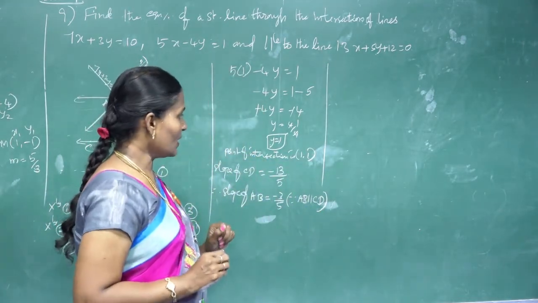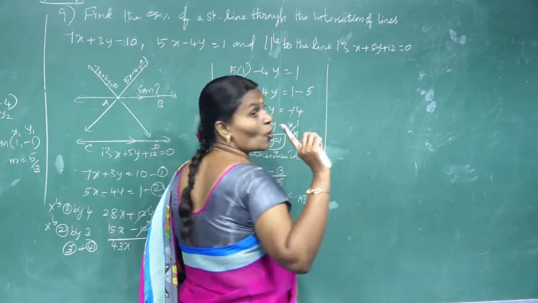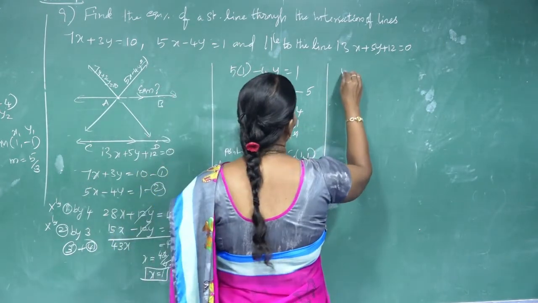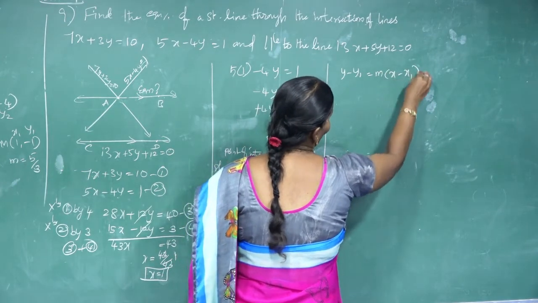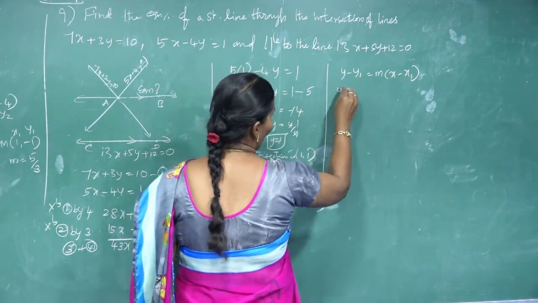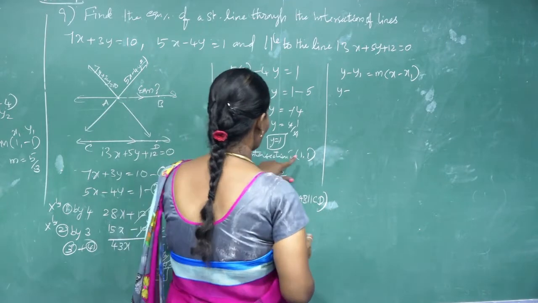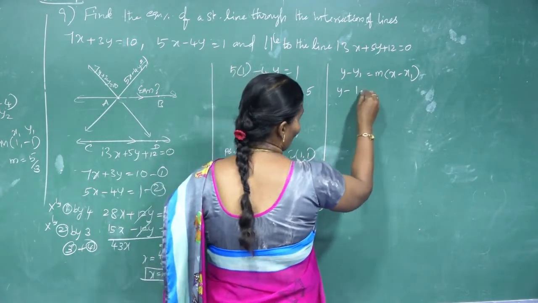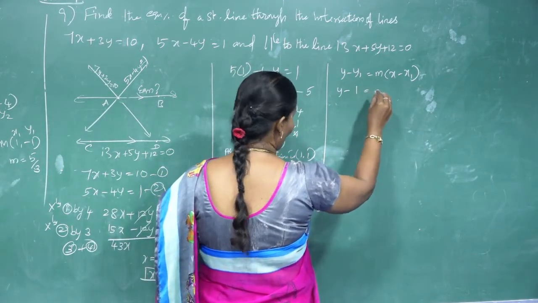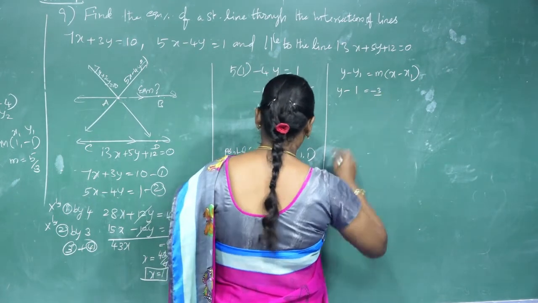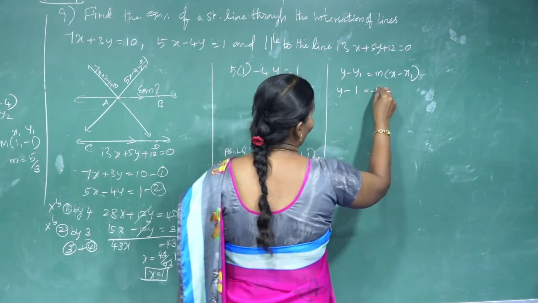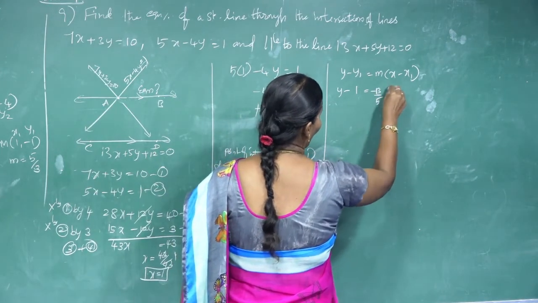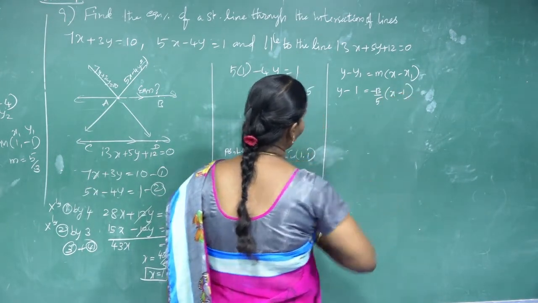How do you find that? You apply the slope and one point form: y minus y1 is equal to m of x minus x1. Now y minus 1, since the point is 1 comma 1, so y1 is 1. The slope is minus 13 by 5, times x minus 1.